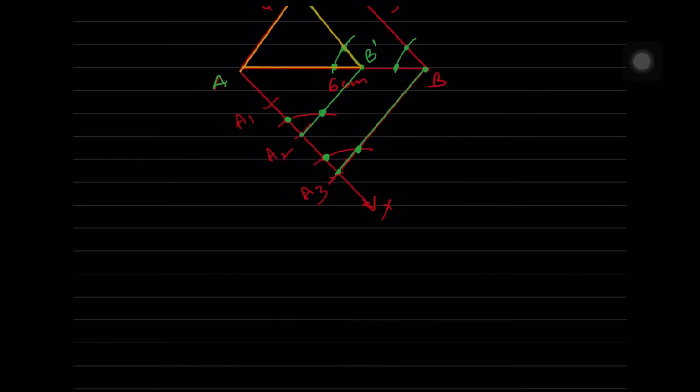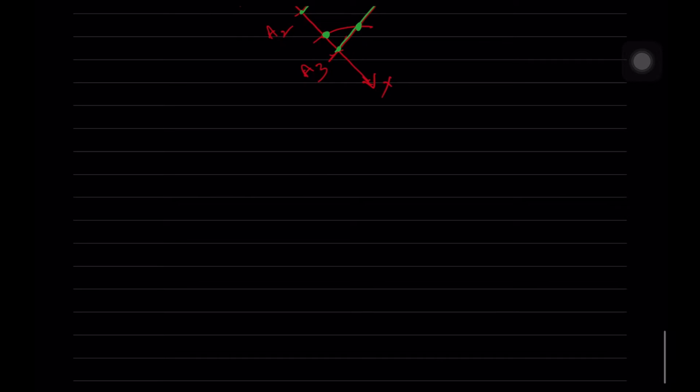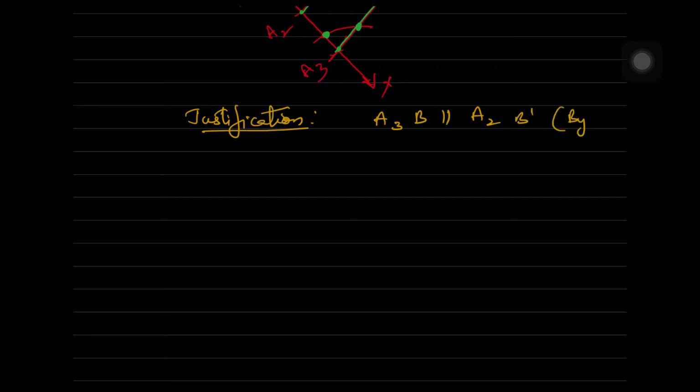Now we'll just see what is the justification part for this. You have here A3B is parallel to A2B dash. This is by construction we have got this.